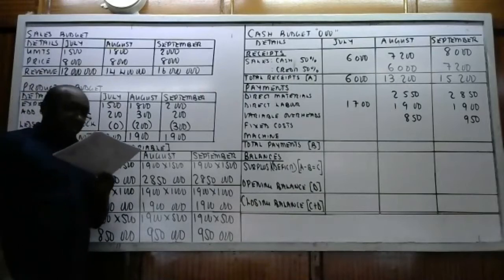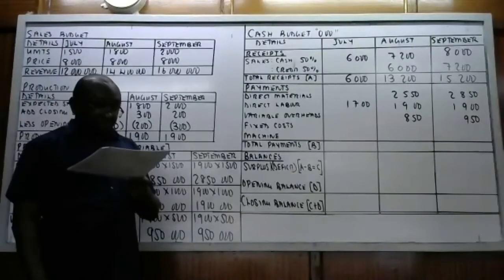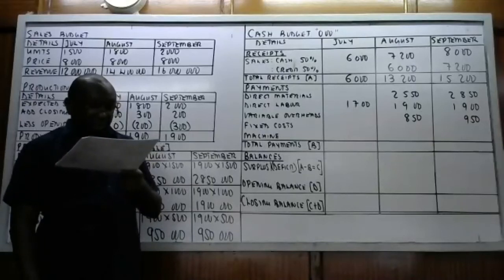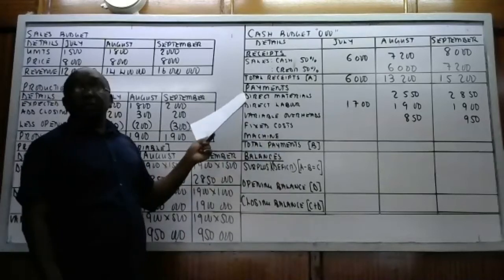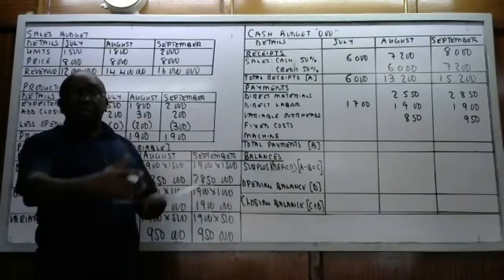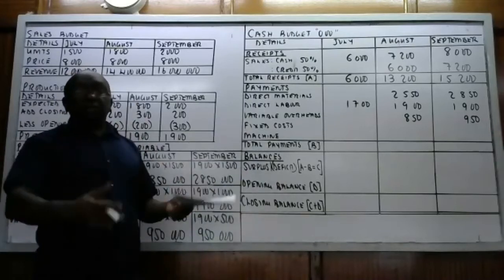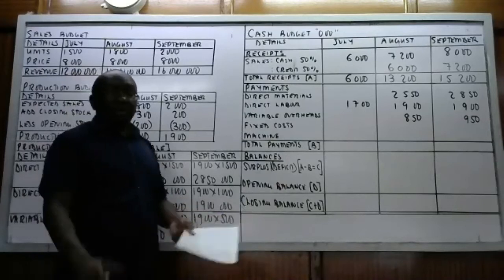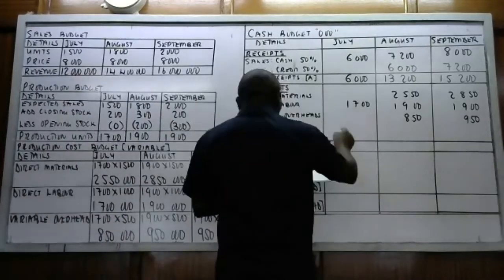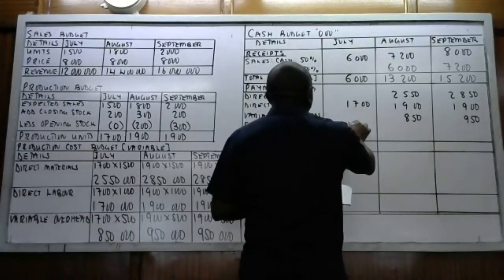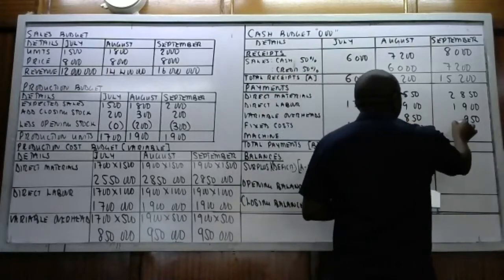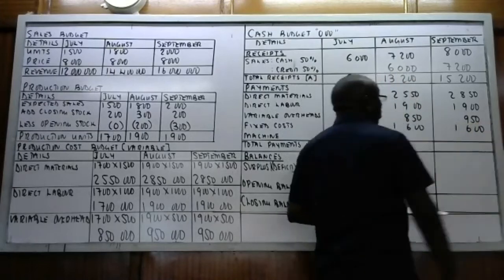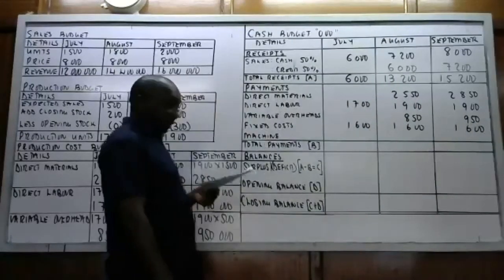So, because this business is continuing, we have to pay for June, because tunajua tunalipa in arrears. Na fixed costs keep on, they remain the same. So sasa hiyo tutakuja tuweke 1,600 hapa, 1,600 and 1,600, because it's a continuing business, it's not a new business.